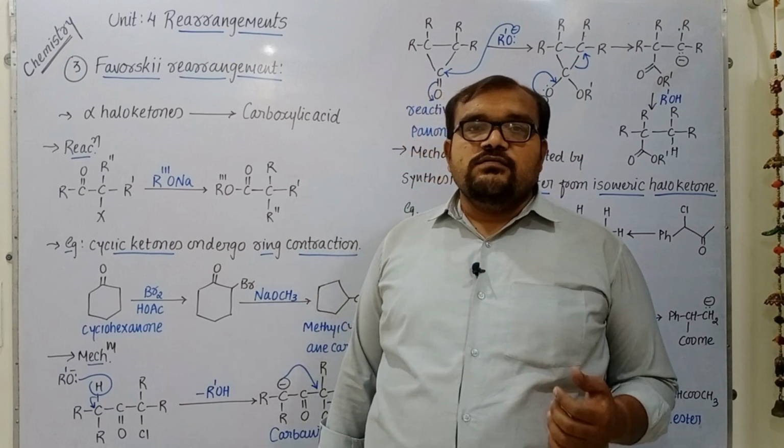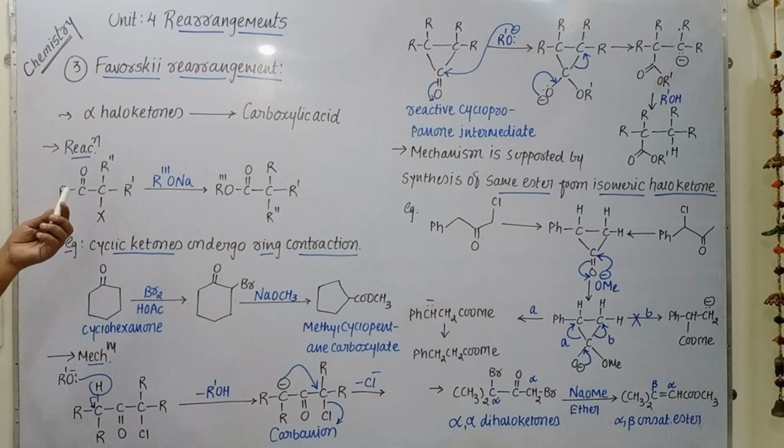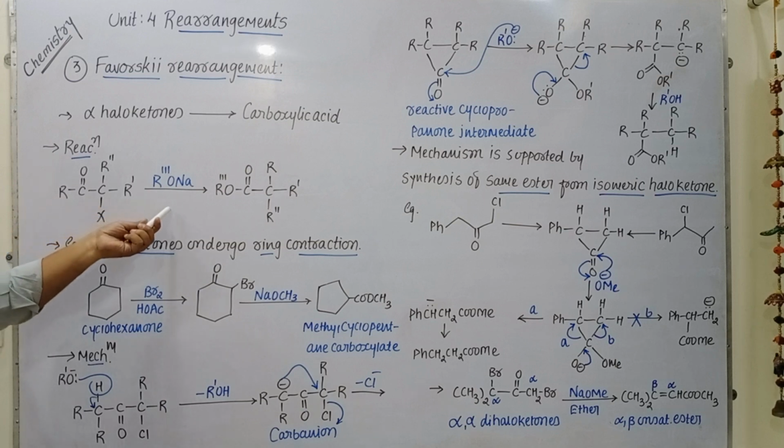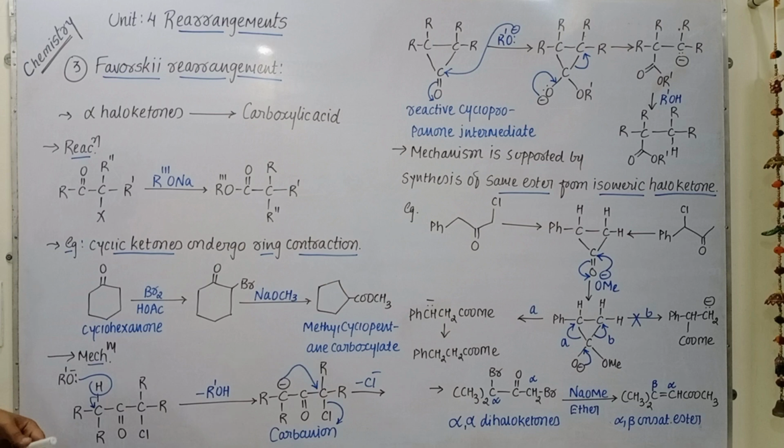How is this conversion carried out? Let's see on the board with the reaction: alpha haloketones, when reacted with sodium alkoxide, will be converted into the respective ester or acid, right?